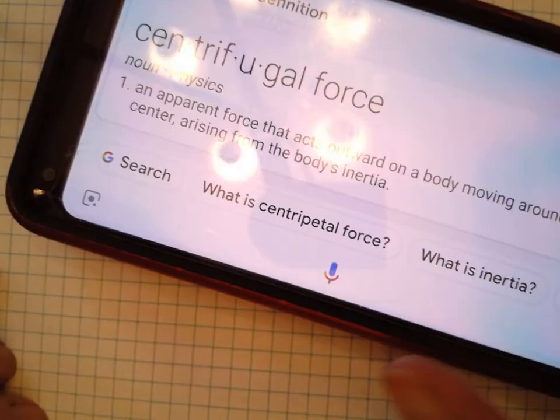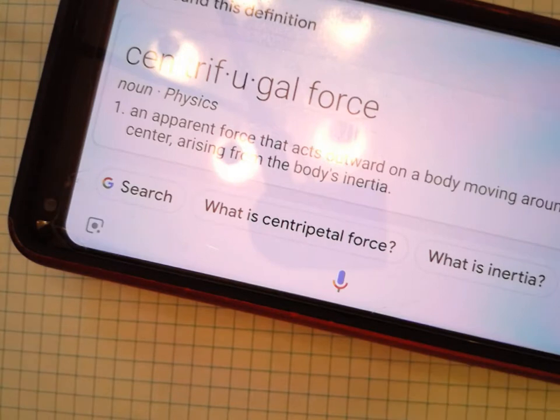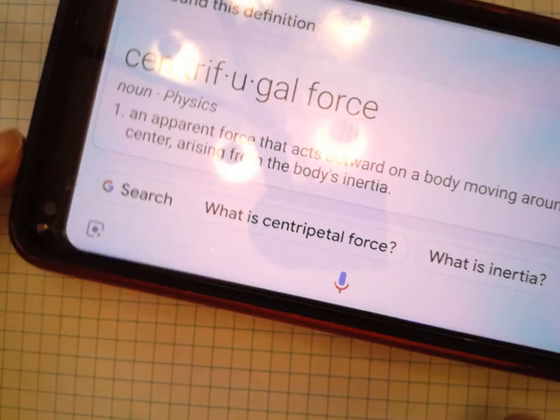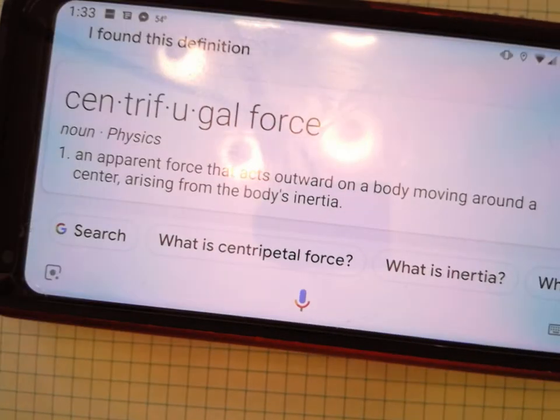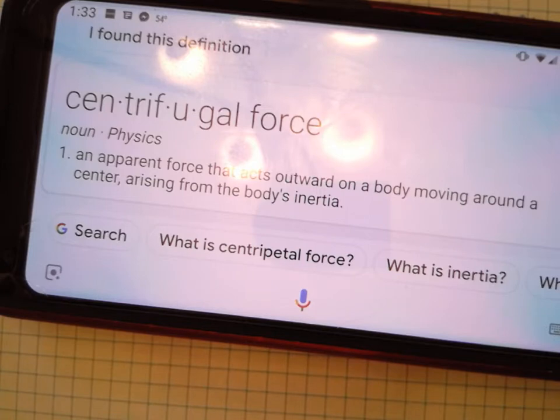What is a centrifugal force? Here's the definition of centrifugal force. An apparent force that acts outward on a body moving around a center, arising from the body's inertia. So a centrifugal force is not a force at all. It is what you feel, almost consider it like a support force.